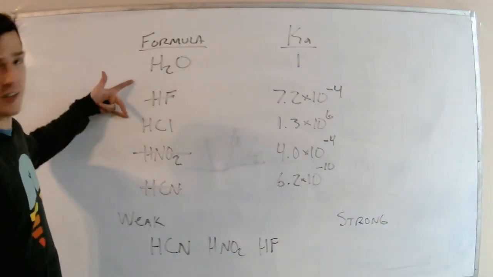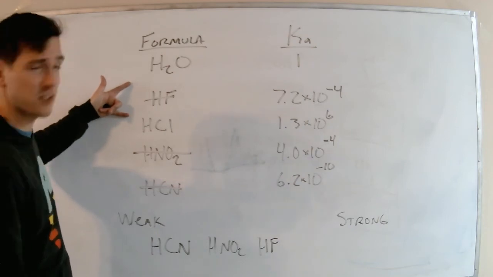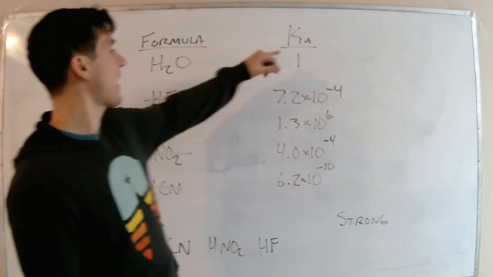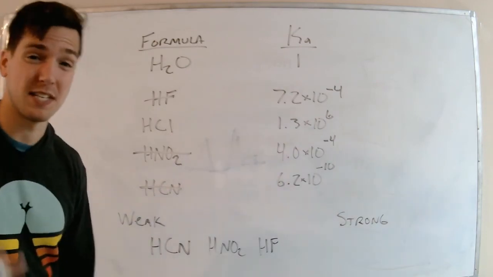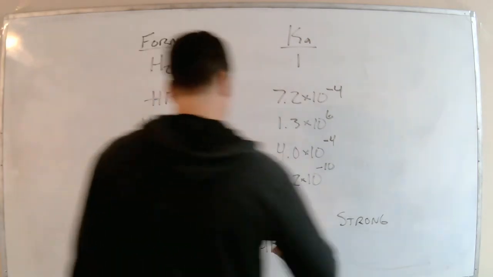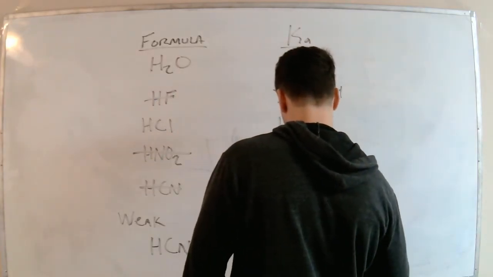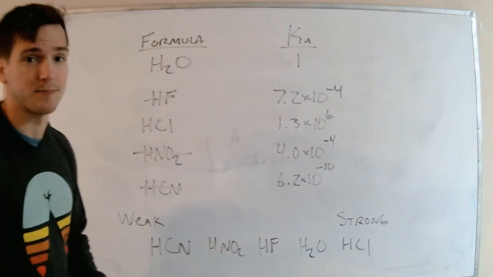Leaves me with water and HCl, and you could probably just use your knowledge of chemistry to figure this out, but let's look at the Ka. Ka of H2O is 1. Ka of HCl is 1.3 times 10 to the 6th. This is much larger than 1. So our next one is going to be H2O, and our last one is going to be HCl.